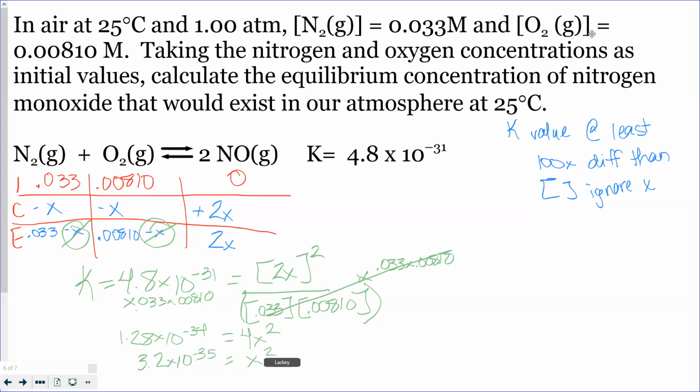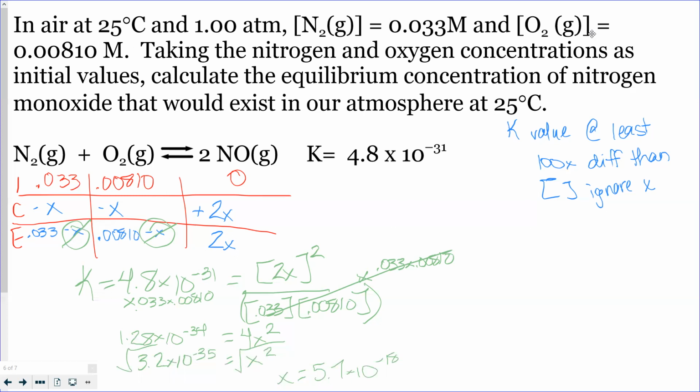That is equal to x squared. We are still trying to find x, not x squared. So you have to make sure to take the square root. And we get that x is equal to 5.7 times 10 to the negative 18th is our change amount.